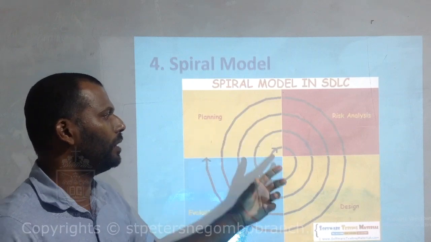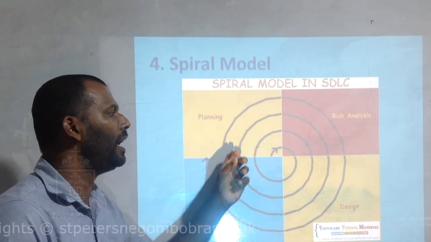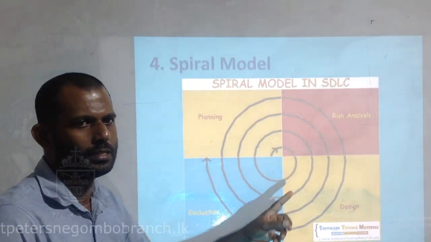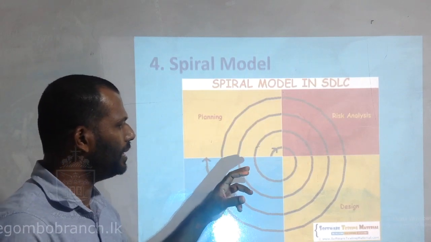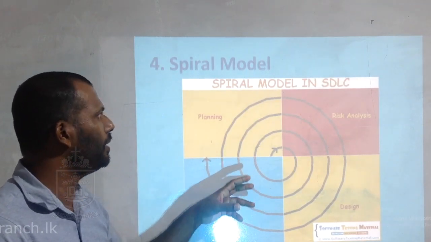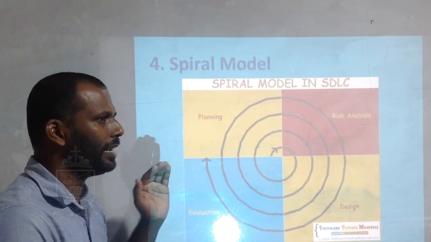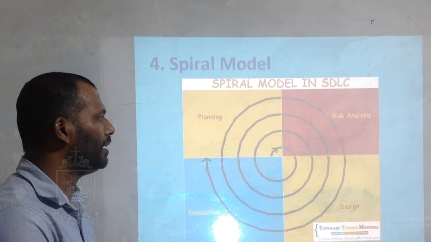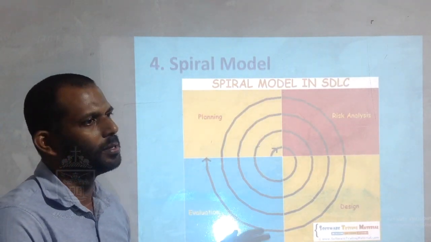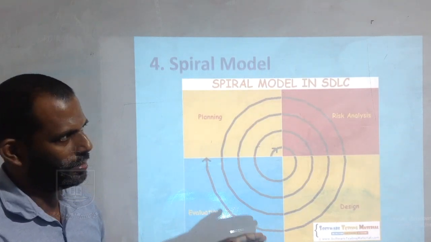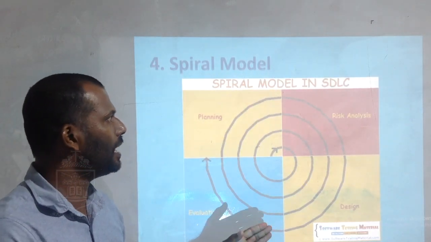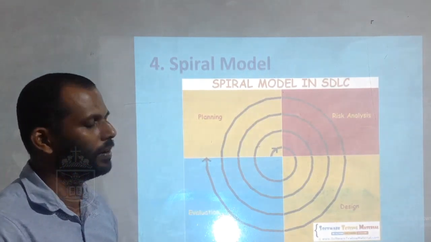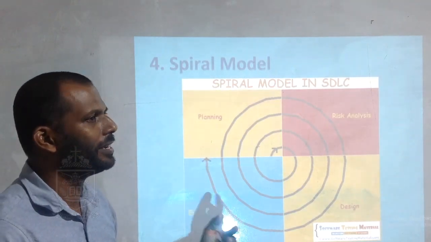While you are developing the product, you can have the other parts of the system. That means it's a little bit similar to the iterative incremental model, though not the same. Spiral models are used for very risky projects.